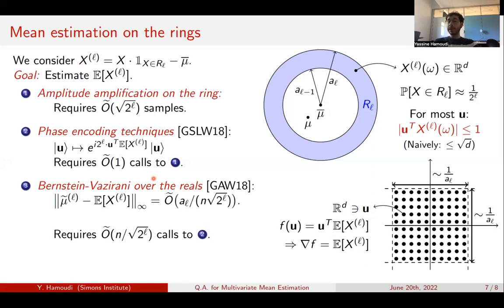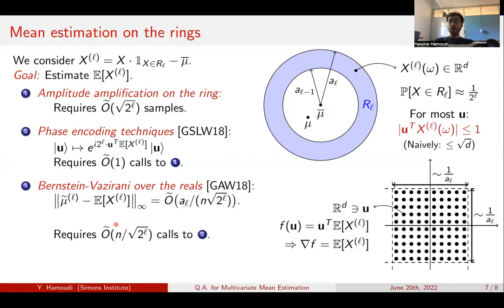This algorithm, which basically consists of using the quantum Fourier transform, will use this phase oracle to construct an estimate of the gradient with the following error guarantee in L-infinity distance, by using a bounded number of calls to the phase oracle constructed at the second step.